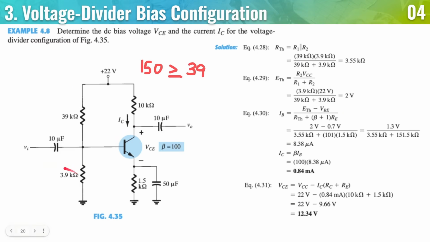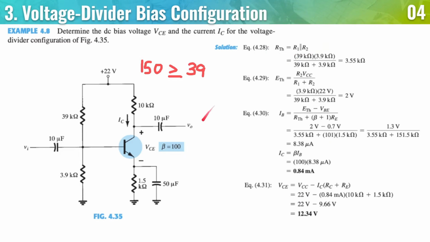However, R2 times 10 is going to be 39 kilo ohms. So 150 is greater than 39. We should be able to use the approximate analysis. But what was used here is the exact analysis. Anyway, for the sake of illustrating what is in the book, let's continue with exact analysis.